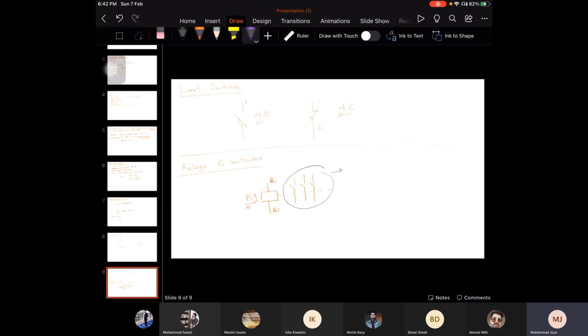One is driving any output from it, or they can also be used for the control circuit. Once we start using them, then you will know what I mean by this.